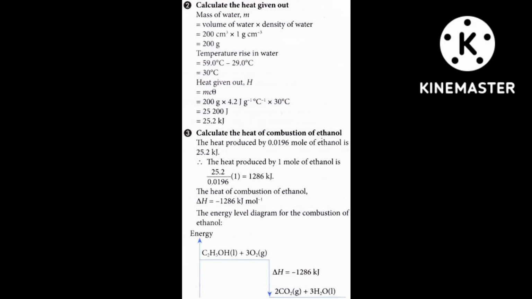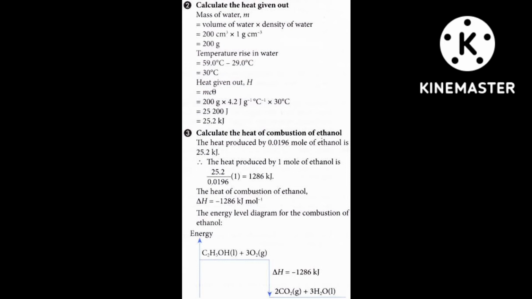Then this is forming CO2 plus H2O. After combustion of benzene, benzene is C6H6, combustion means plus O2, and on the product side you write CO2 plus H2O.